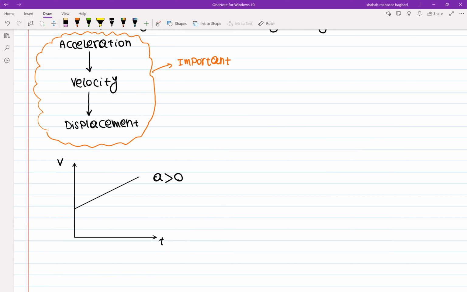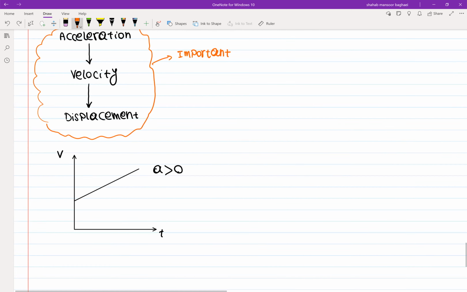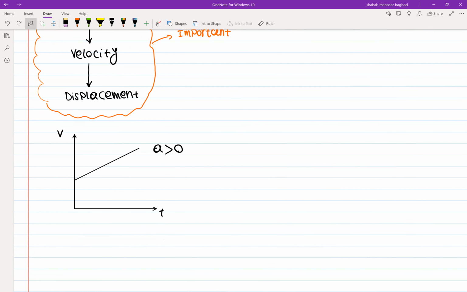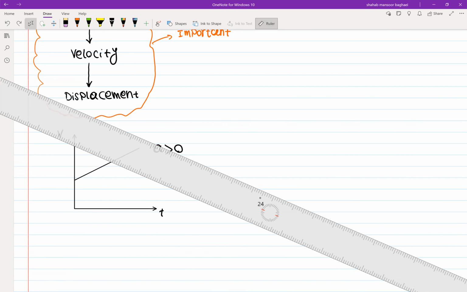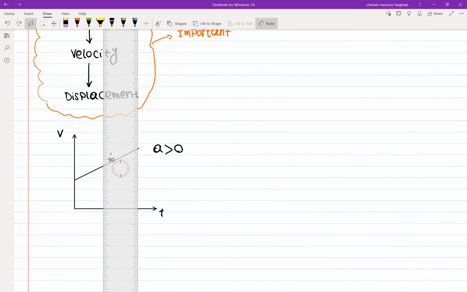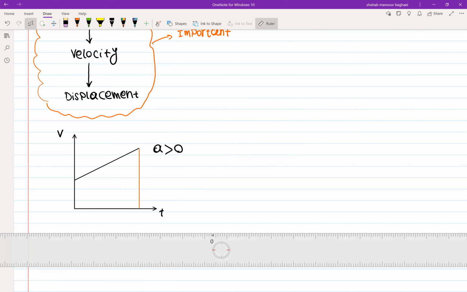If you have a graph of velocity, this is the graph of velocity. That's a straight line, and it has a slope. If you calculate the area under this graph, I'm talking about this area here, the area under this line.